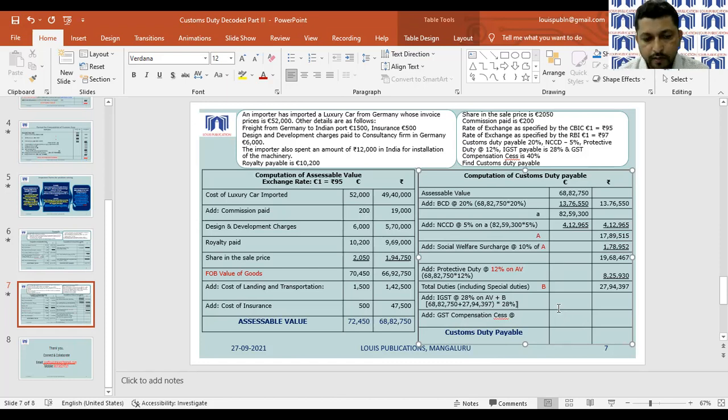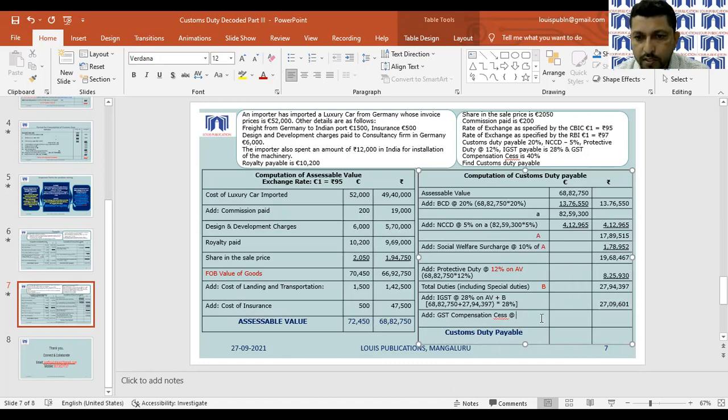So 68 lakh 82,750 plus 27 lakh 94,397 will be 96 lakh 77,147, into 28% will give you 27 lakh 9,601.